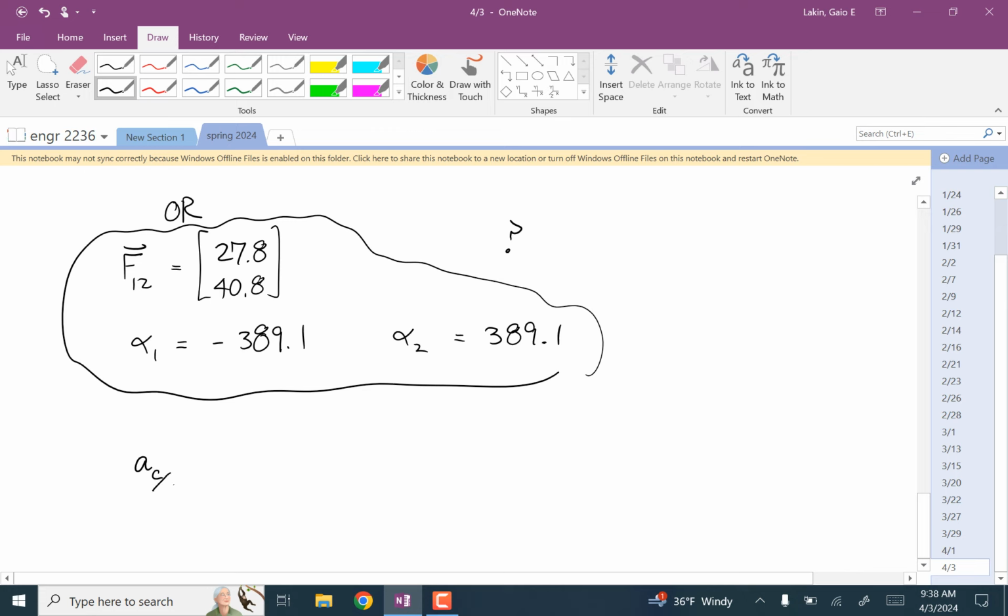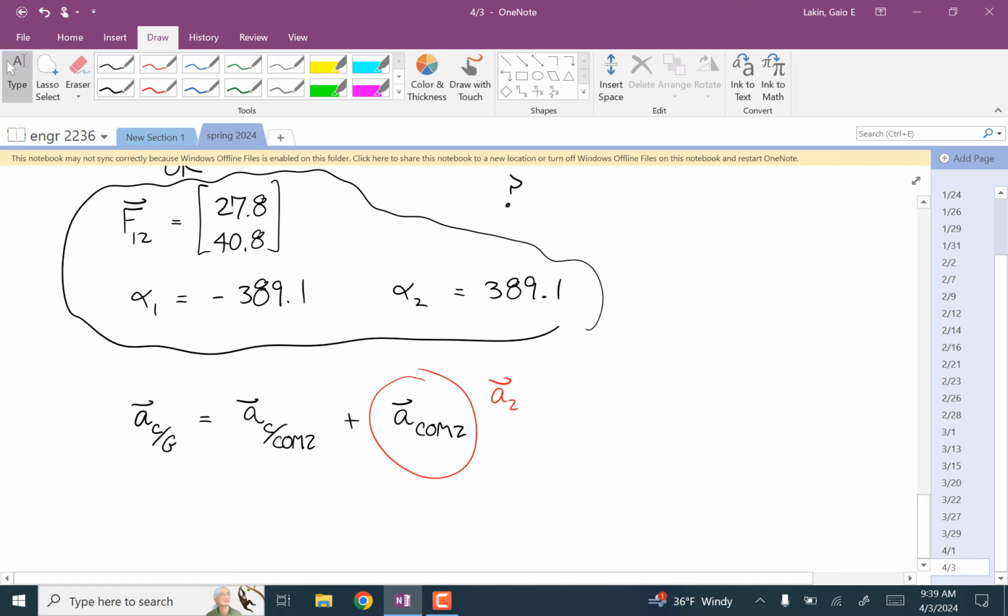So the acceleration of C relative to the ground is equal to the acceleration of C relative to the center of mass of 2 plus the acceleration of the center of mass of 2. This is just our A2. This is circular motion.